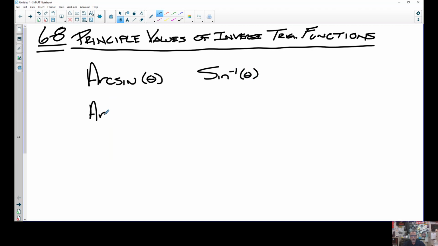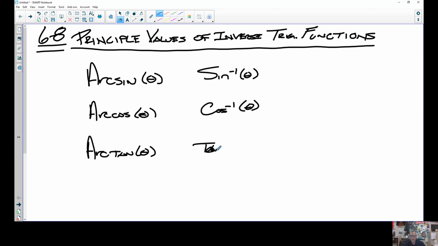We will deal with arc cosine theta or cosine inverse theta, and arc tan theta, or as you know it also as tan inverse theta.